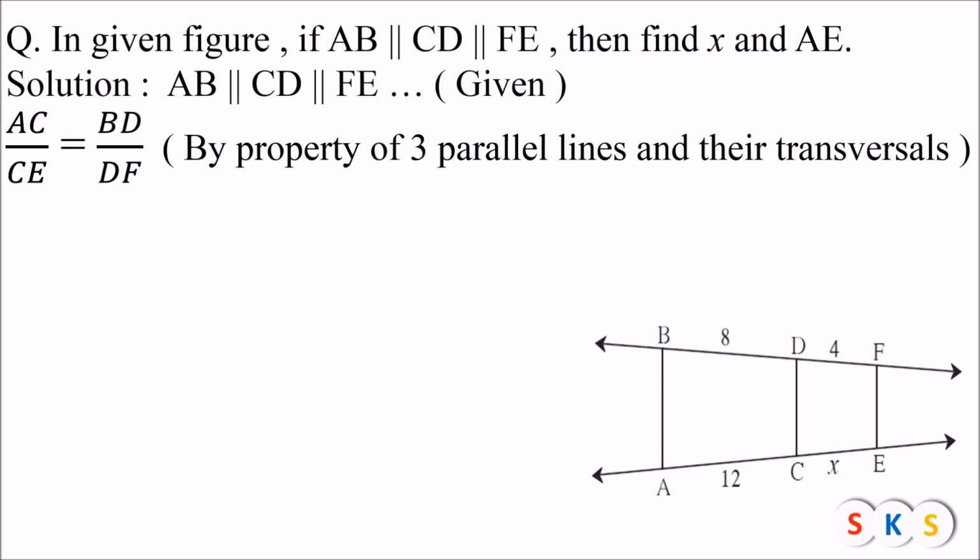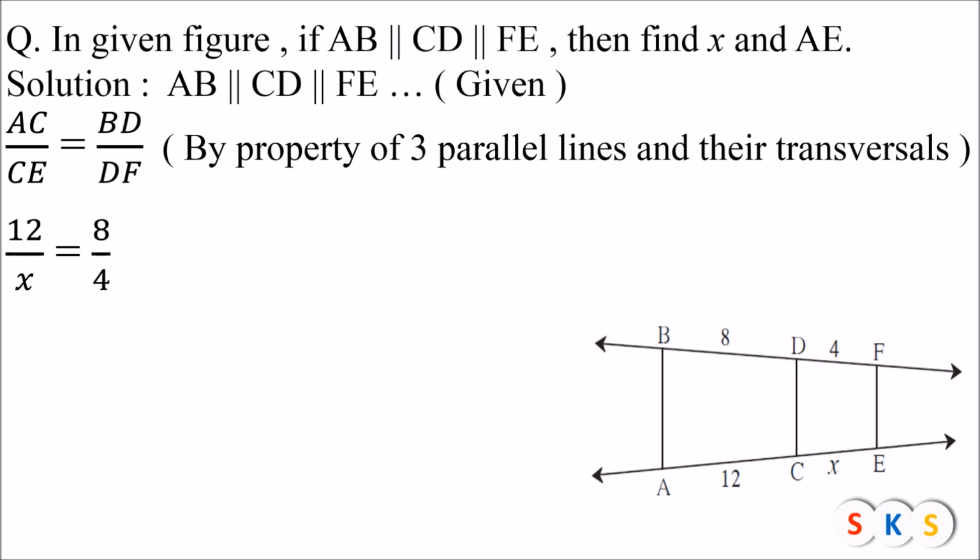AC and CE are the intercepts formed on one transversal, and BD and DF are the intercepts formed on the other transversal. Now we will substitute the values.